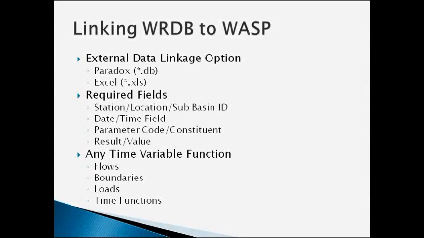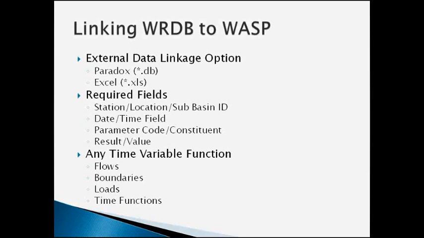Currently, the version of WASP supports paradox files, Excel files, and tab delimited text files. We're going to be using the paradox file format because it's a little bit easier to use and it can handle large sets of data.